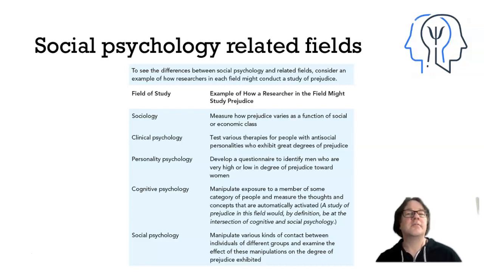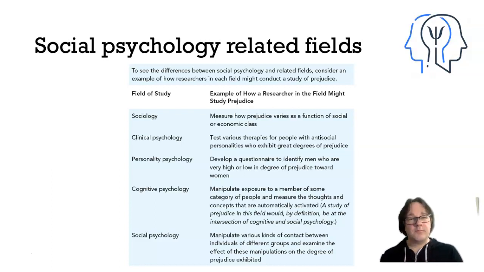They might be interested in, say, things like stereotype activation. Stereotypes are really just heuristics, or really just mental shortcuts. And a social psychologist might manipulate various kinds of contact between individuals of different groups and examine the effect of this contact on the degree of prejudice that's exhibited.